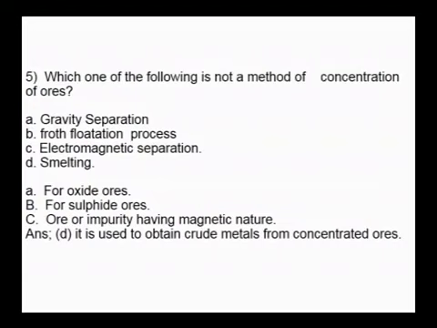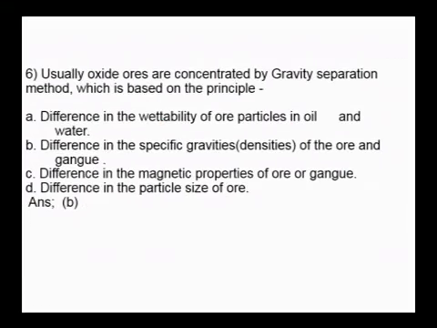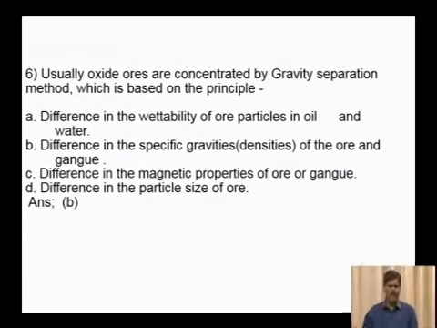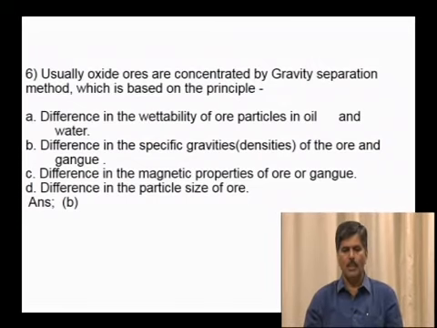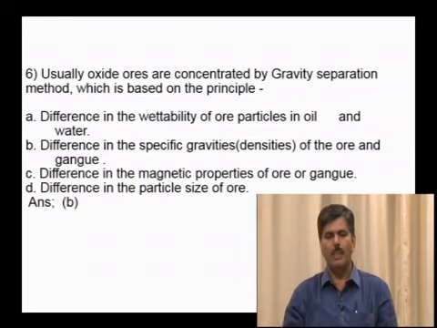The question asked here is, which one of the following is not a concentration method? Here 'not' is given. Therefore, smelting is not a concentration method used to concentrate ores. Hence, option is D. Now, let us see the next slide, the sixth question. Usually, oxide ores are concentrated by gravity separation method, which is based on the principle.